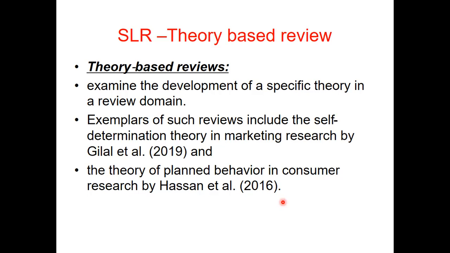Okay, these are some examples of such reviews. Gilal et al., for example, did a theory-based review on self-determination theory in marketing, okay? But also Hassan did one on the theory of planned behavior in consumer research. Okay, so these are some of those examples.